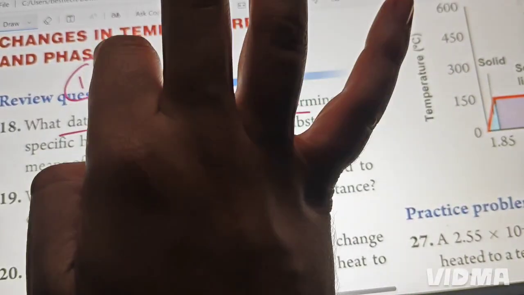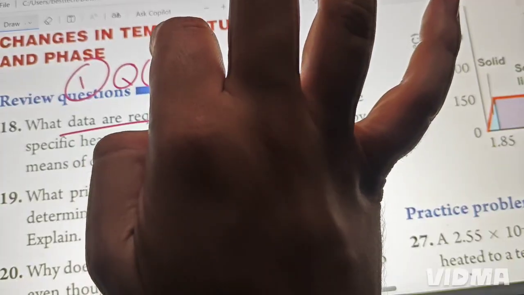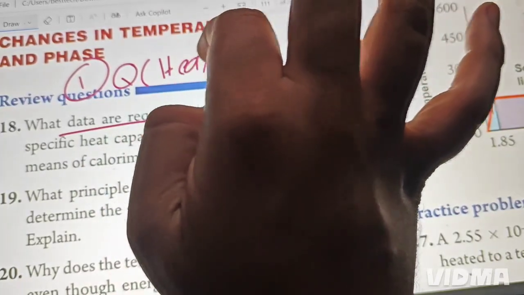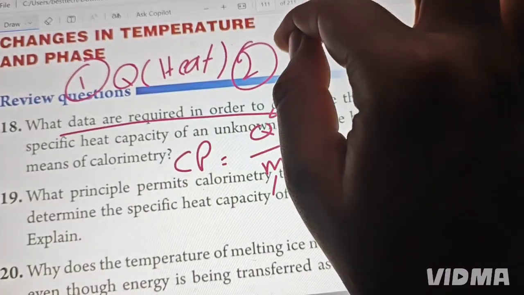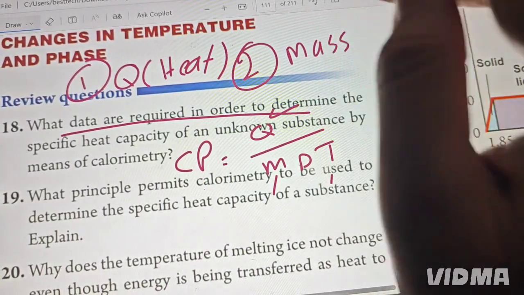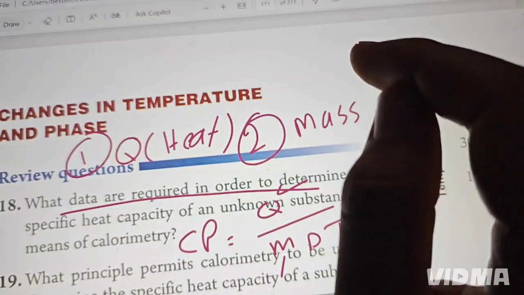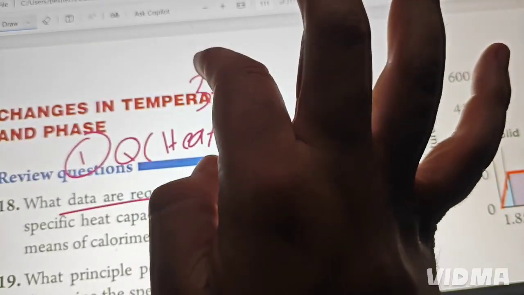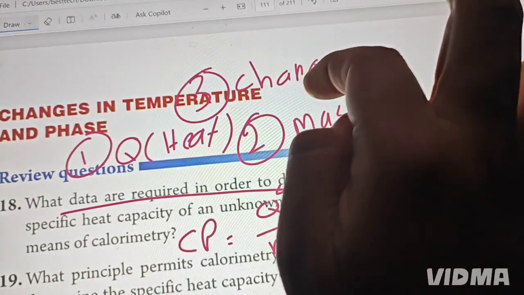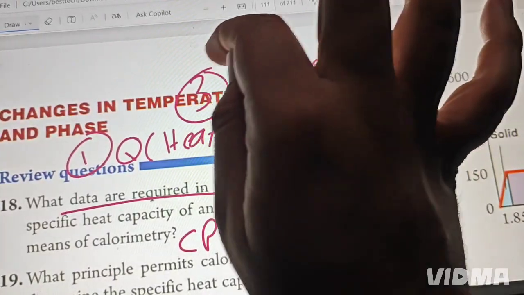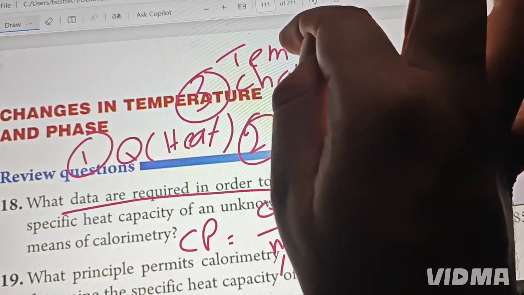First, the answer is Q or heat, and the second, mass of the object. The third one, change in temperature, or temperature changing.